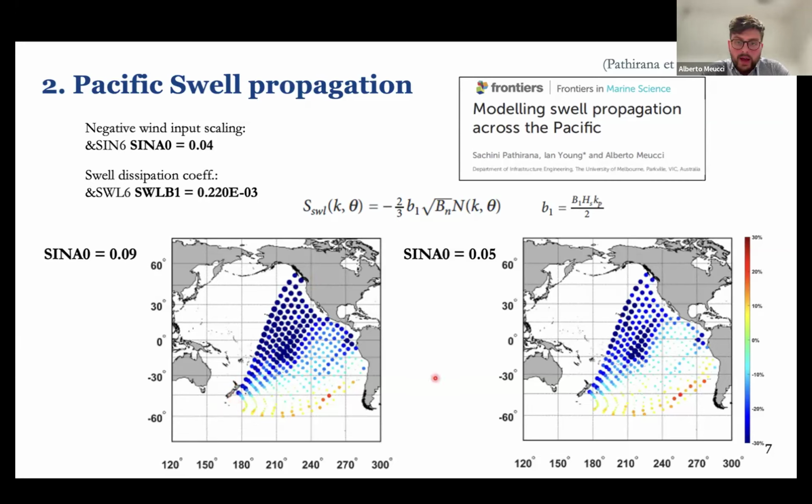And what we found is that the major impact on reducing the bias, especially in this swell pool climate here, was a reduction of the negative wind input, which is a term which is part of the ST6. And so a reduction from 0.09 to 0.05 was actually improving the statistics a lot in this swell pool region.